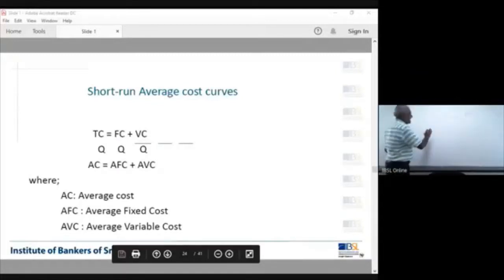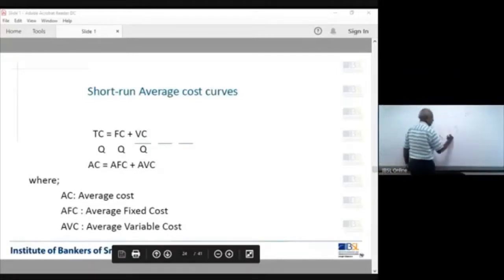Now we have to discuss averages. If you divide both sides of this equation by output, TC divided by output is AC, average cost.